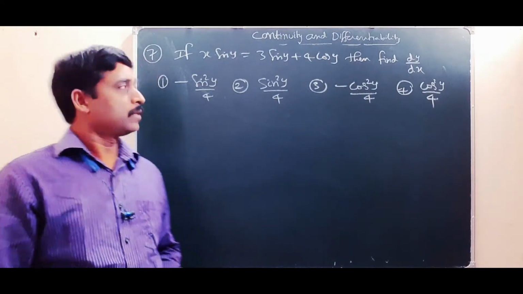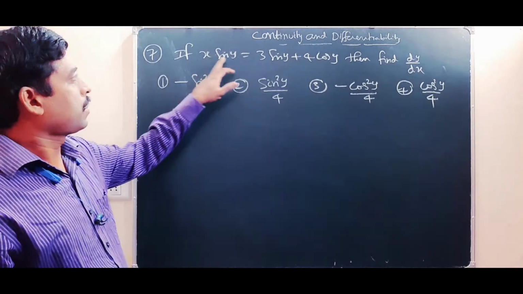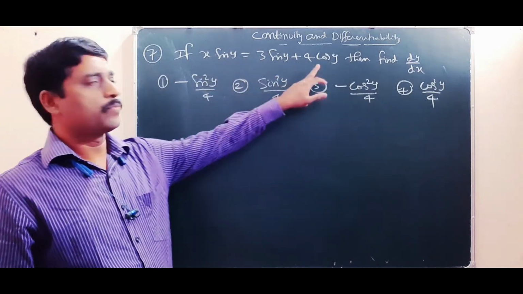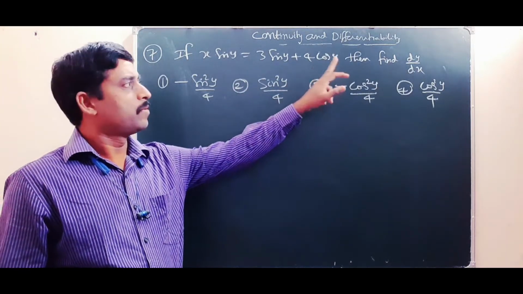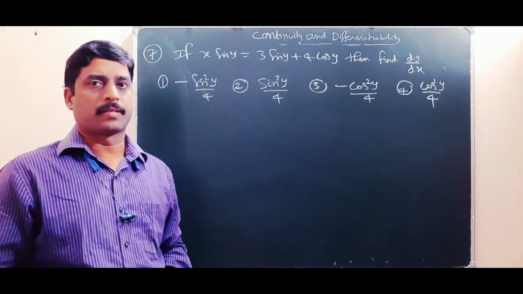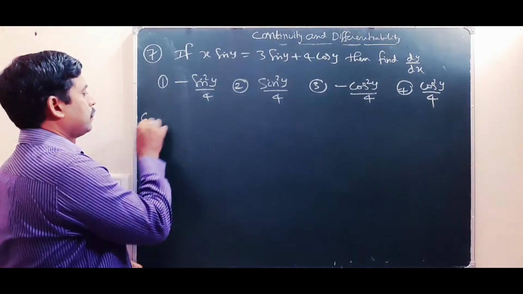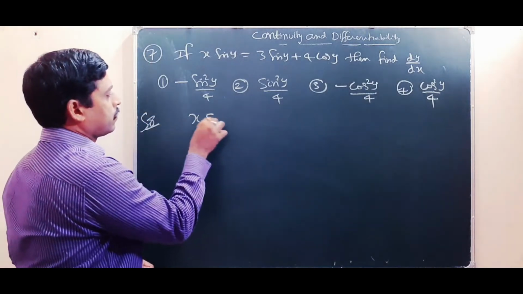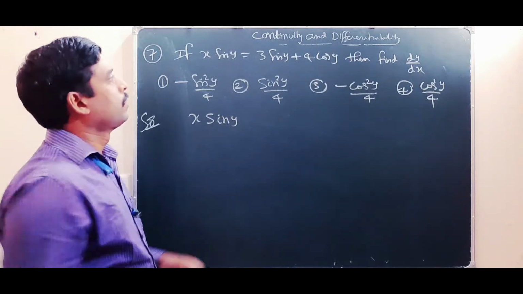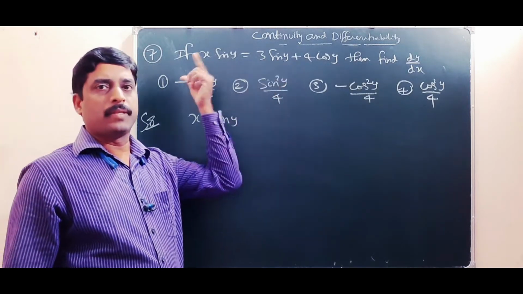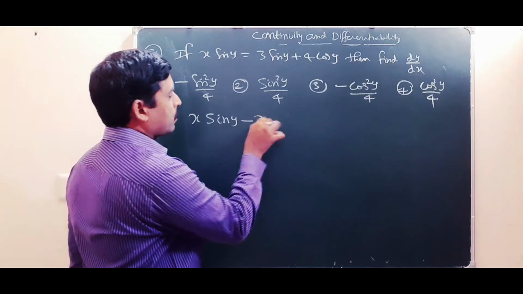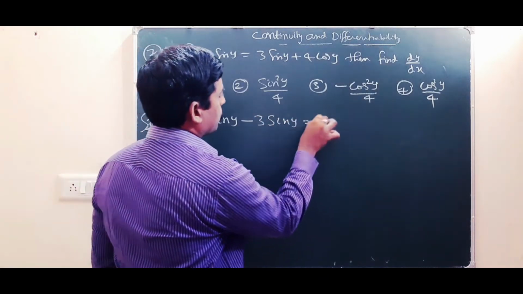Look at the next question. x sin y equals 3 sin y plus 4 cos y is given, and we have to find dy by dx. So what is given? x sin y plus 3 sin y, bring to the left side, minus 3 sin y equals 4 cos y.